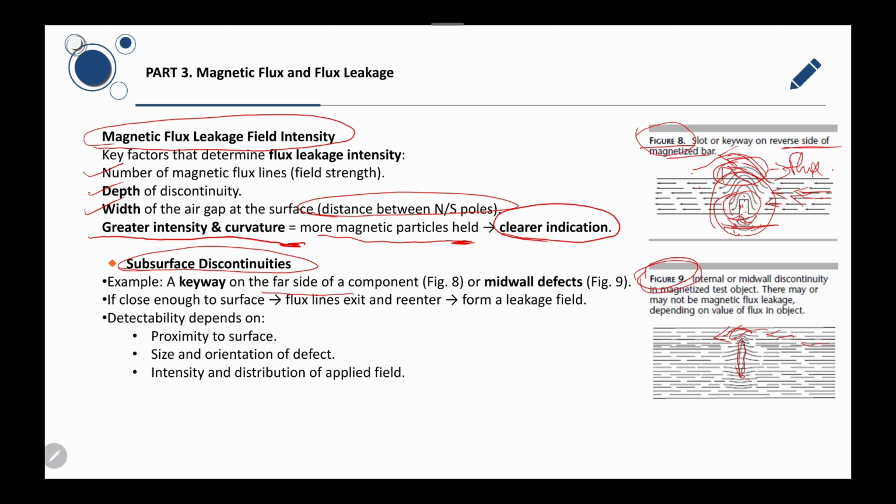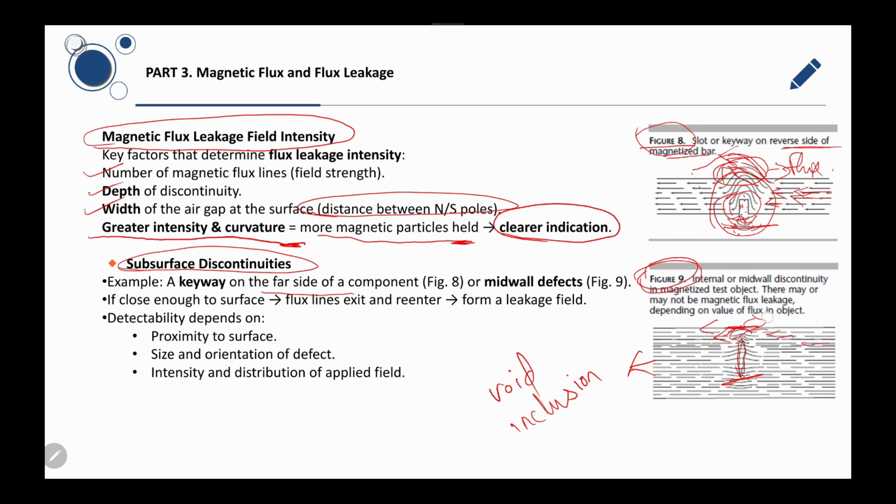Figure 9 shows a magnetized test object with an internal flaw such as a void, inclusion or crack in the mid wall. At an internal discontinuity, the flux may distort, but leakage at the surface is minimal or uncertain.